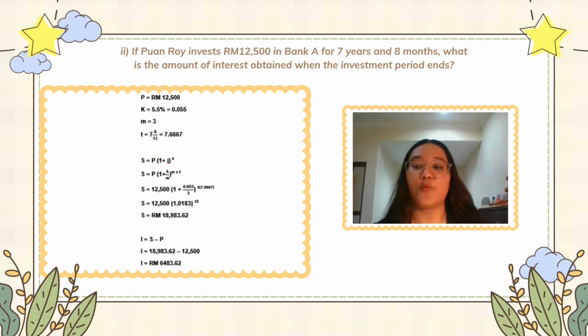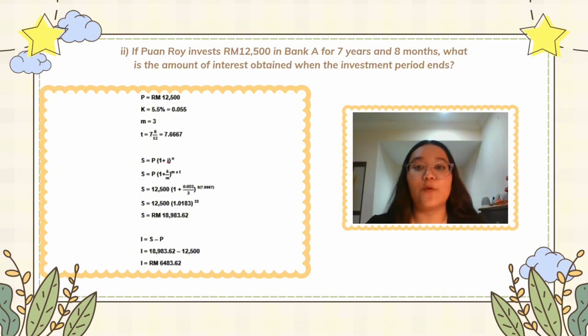So we can gather the information: P equals 12,500, K equals 5.5%, M equals 3, and T equals 7.6667.